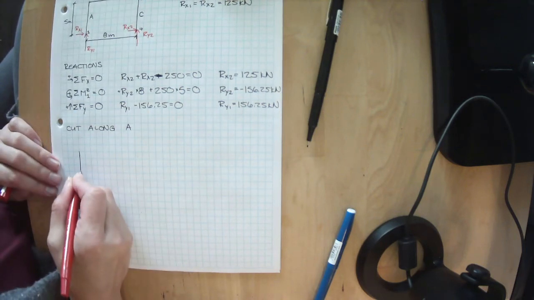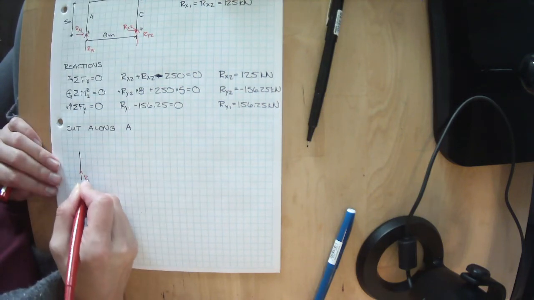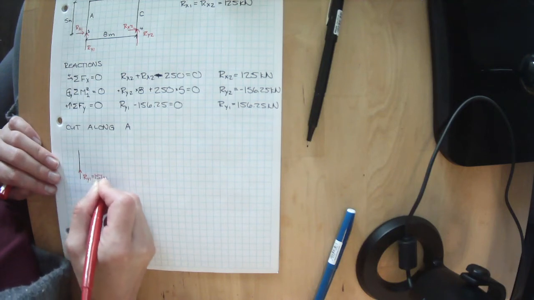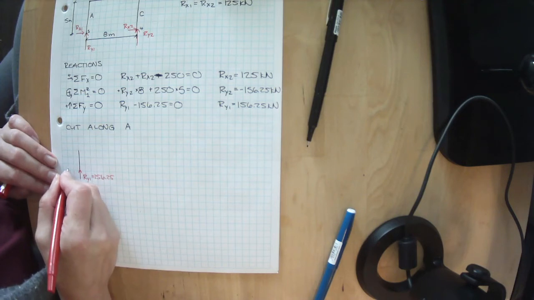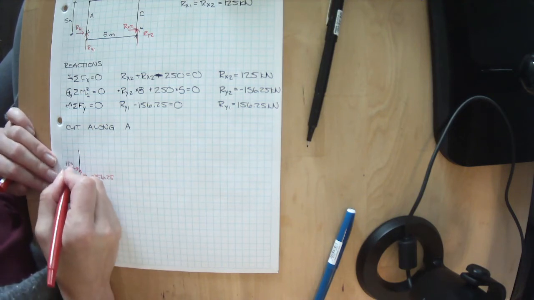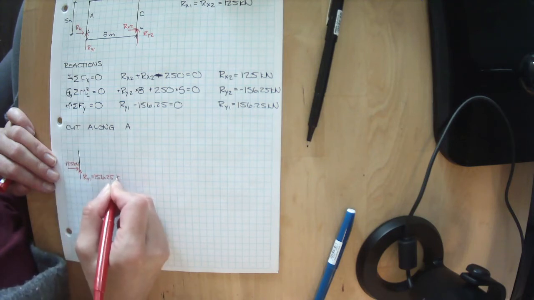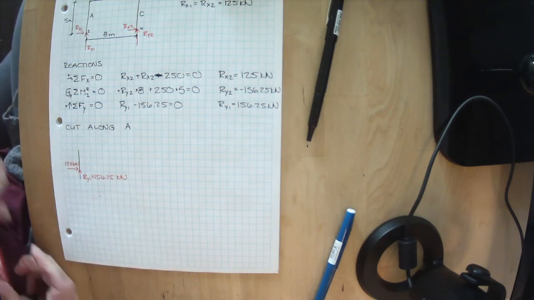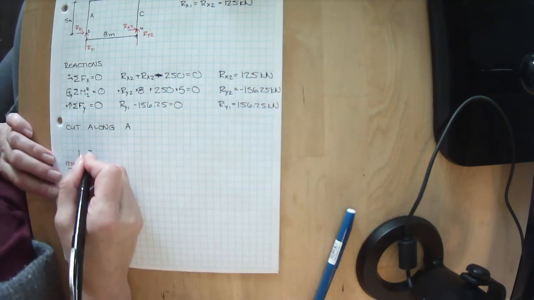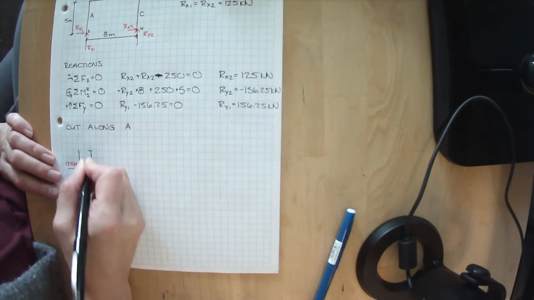We have a reaction of Ry1 here equals 156.25, and we have Rx1 is 125 kilonewtons. Well, that's interesting. Looks like we have two different reactions here. We have things going in different directions.